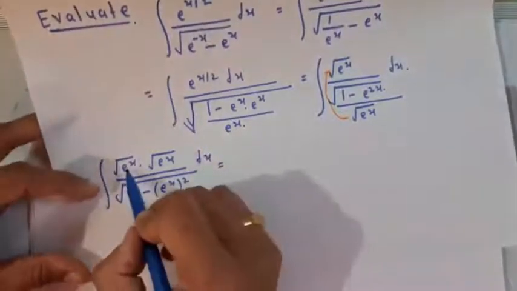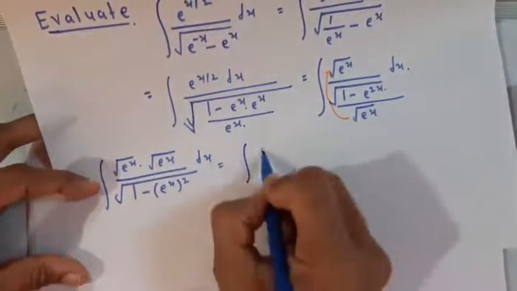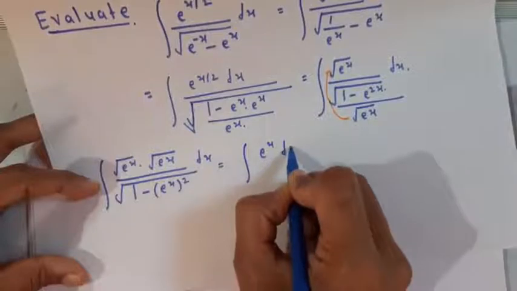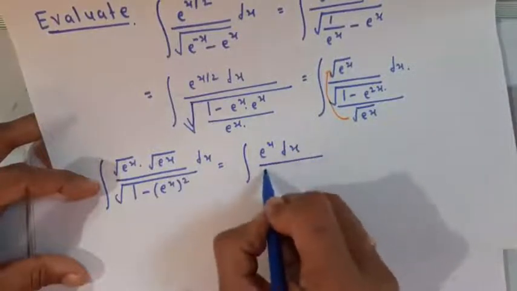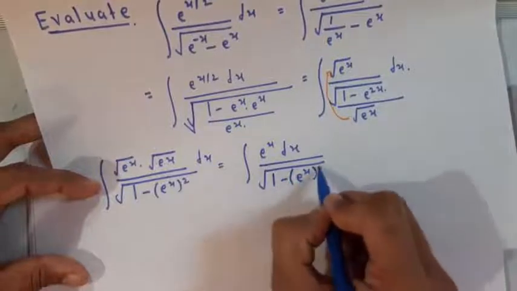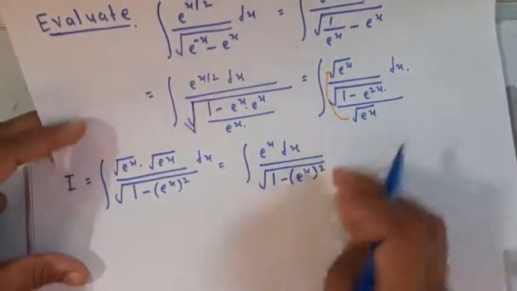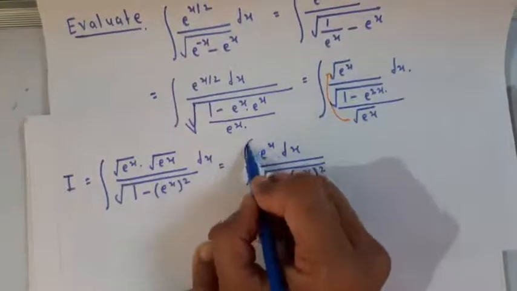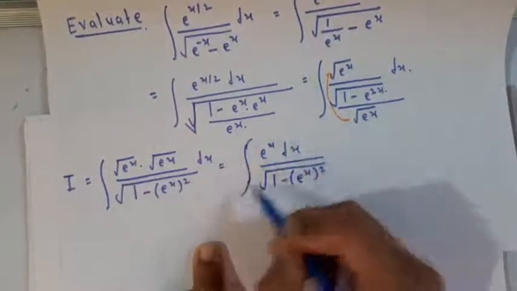Now e raised to x into e raised to x is e raised to x with respect to x, and this is 1 minus e raised to x whole square. Now this is the integrand students, and now we have to solve this integrand.